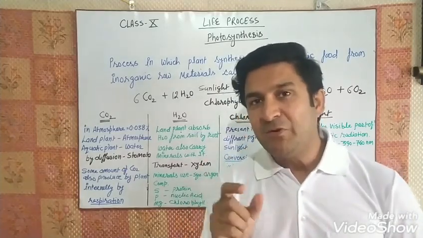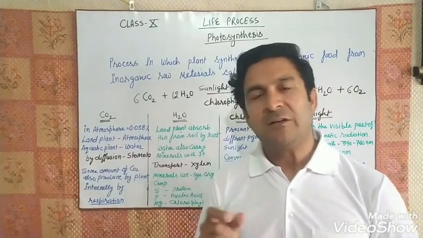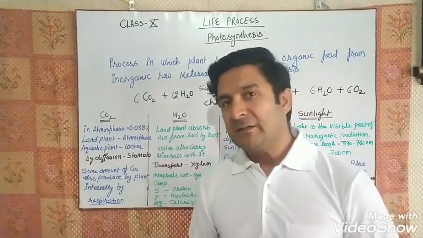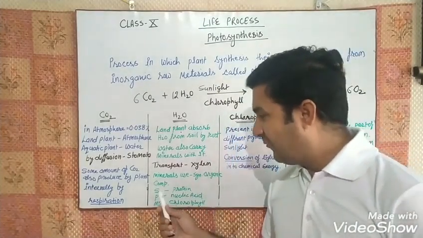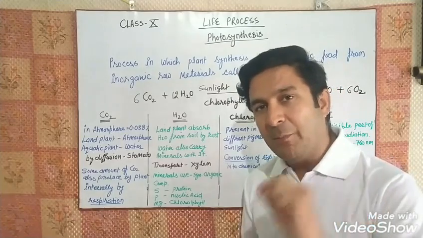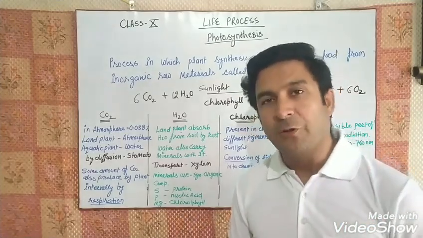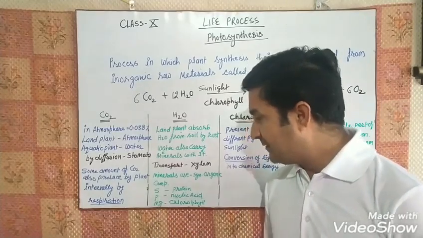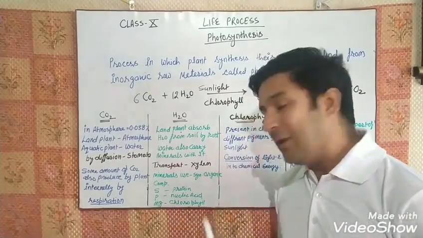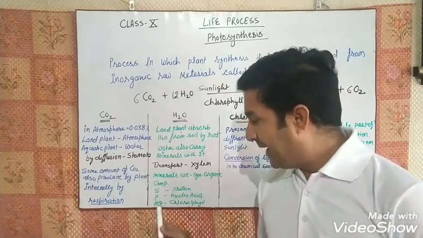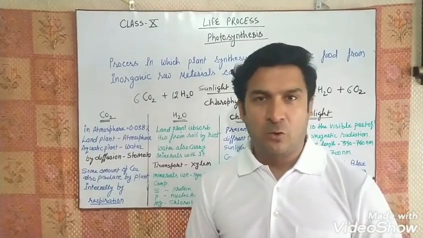Now these minerals are very important and are utilized by the plant for different purposes. Here some purposes are given: sulfur, which is a mineral, is utilized by the plant for the synthesis of protein. Okay, phosphorus is utilized by the plant for the synthesis of nucleic acid, and magnesium is utilized by the plant for chlorophyll.